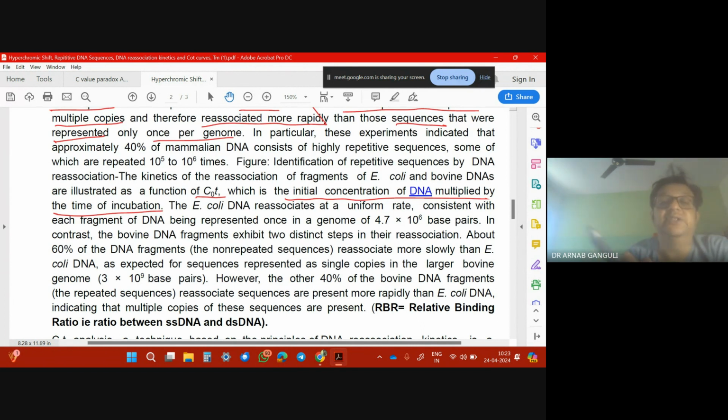So for it to reassociate, you can find that E. coli DNA reassociates at a uniform rate, but in the mammalian genome something like 60%, the non-repetitive sequence, reassociates more slowly than E. coli DNA.